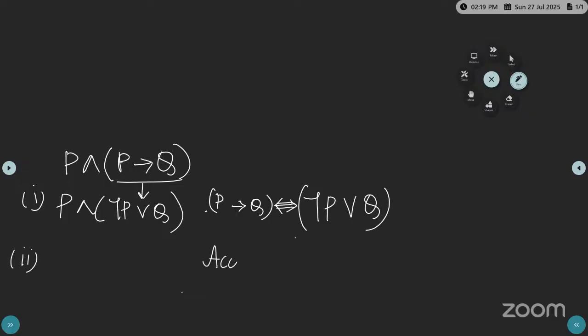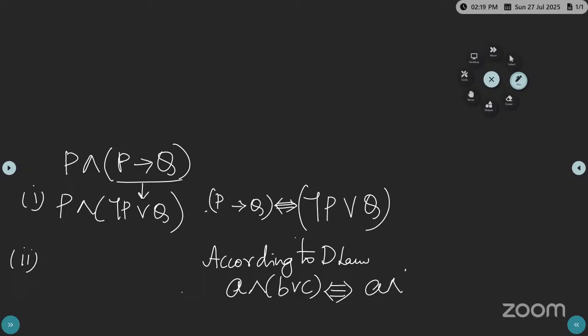According to distributive law, that is A and (B or C) is equivalent to (A and B) or (A and C). So distribute this one.